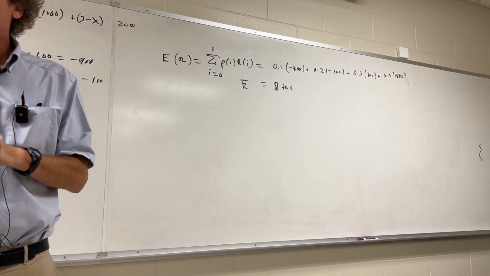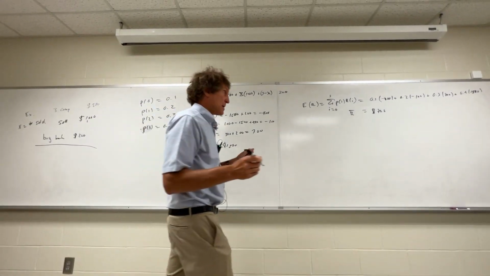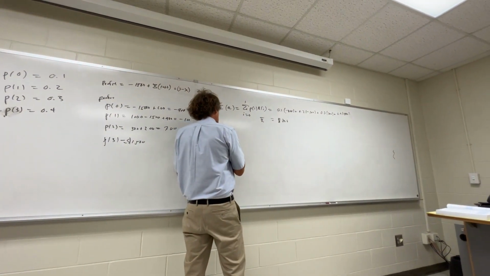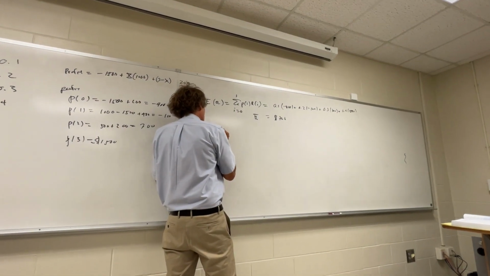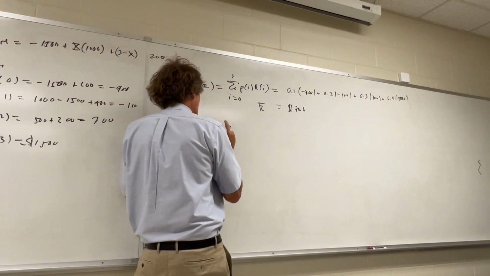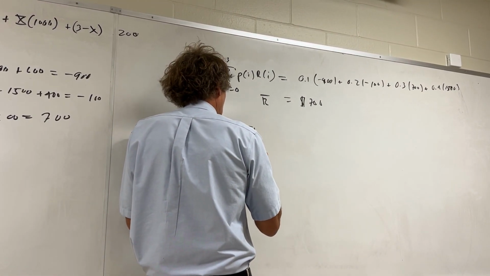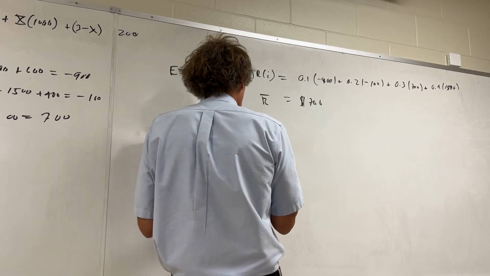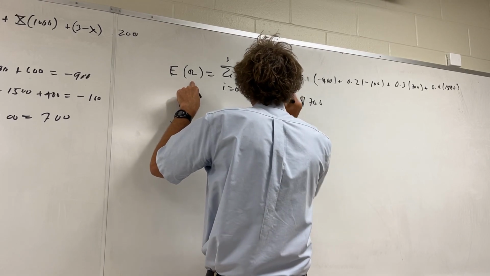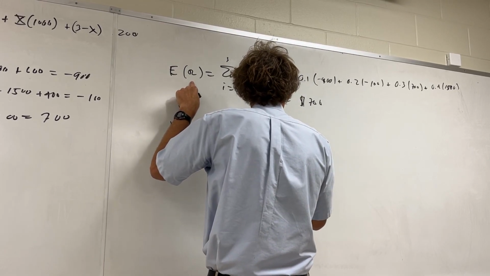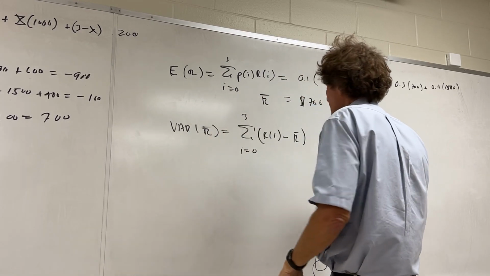Now, if we're talking about the standard deviation, what do we have to do? Actually, let's do the variance. The variance of the revenue, R, is equal to a summation of i equals 0 to 3 of the actual revenue, which I'm calling R of i, minus the mean, R bar, which is $700, right?